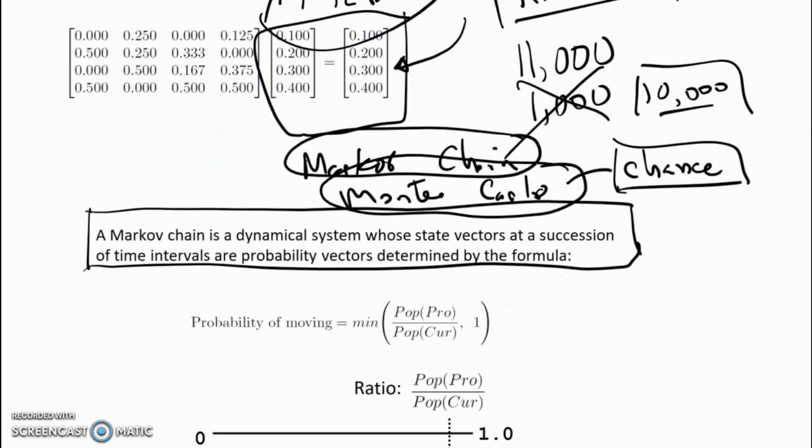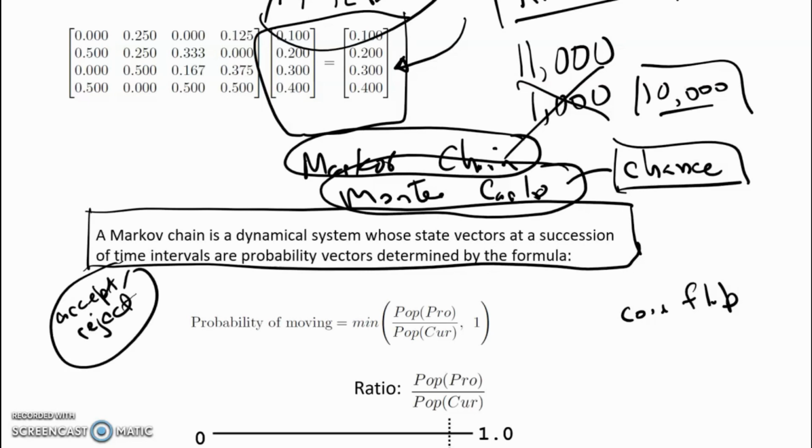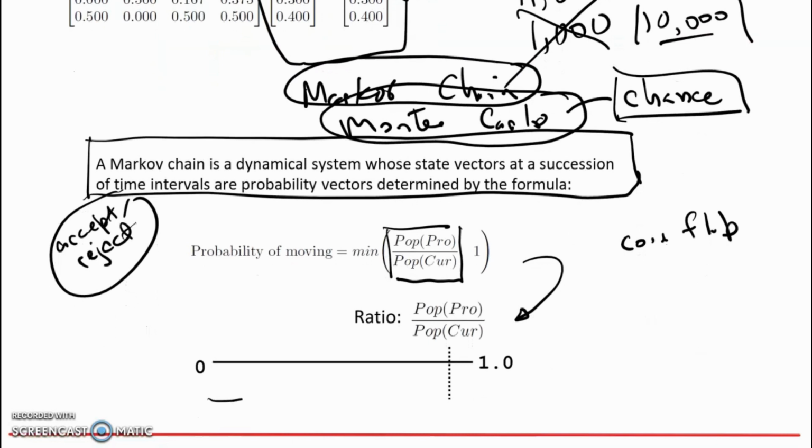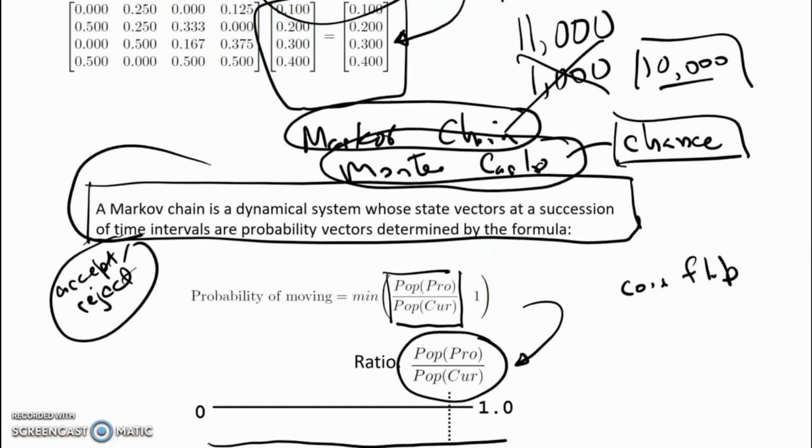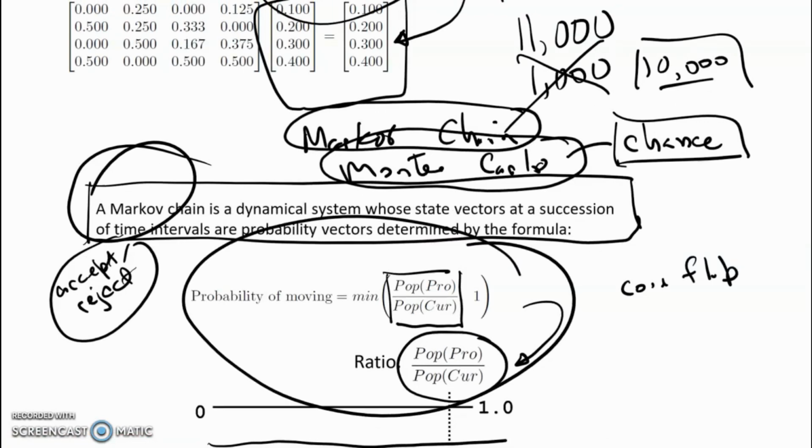One is, if you think about the way the wandering politician works, there's the coin flip, and then there's also this accept-reject rule, such that if this ratio is less than 1, then we take a random draw from a uniform distribution going from 0 to 1, compare it with this ratio, and that determines whether or not the politician moves. So, Markov chain, Monte Carlo.